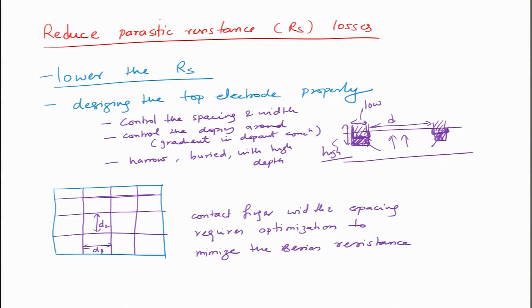If they are too far, then of course series resistance will increase. Carriers in the middle will not get collected. So, you need to optimize the width of the contact, the spacing between the contacts, and the depth of the contact. These are essential parameters to minimize the series resistance.